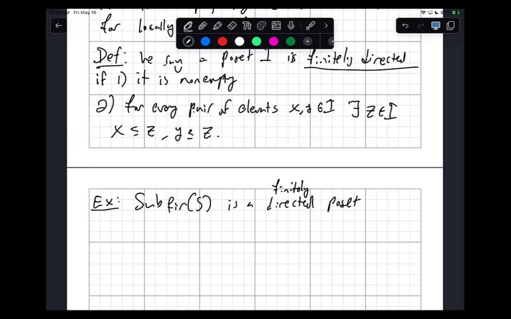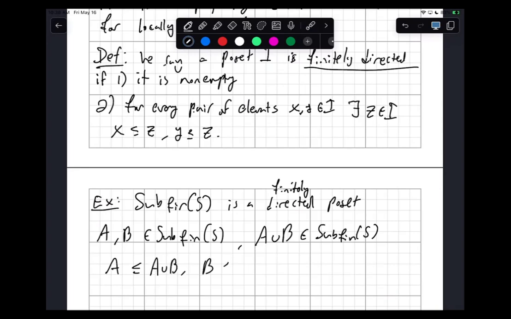Because if I have A and B in finite subsets, then of course A union B is a finite subset. And A is less than A union B, B is less than A union B.